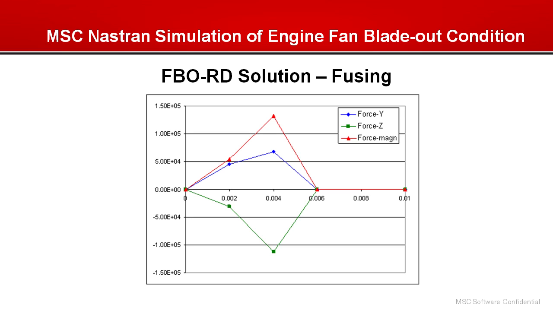The new capability in C-bush elements is the fusing capability that can be defined with various failure criteria. The user-specified failure criteria include ultimate loads and maximum relative displacements, in tension as well as in compression.